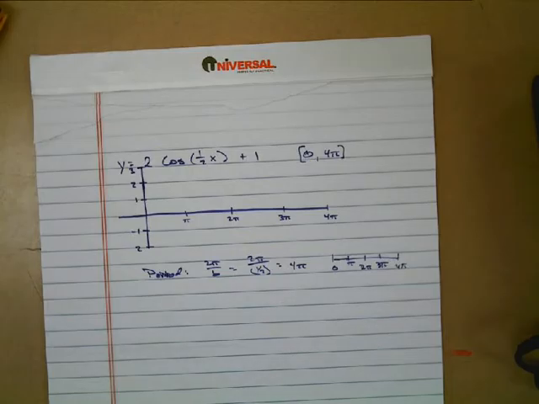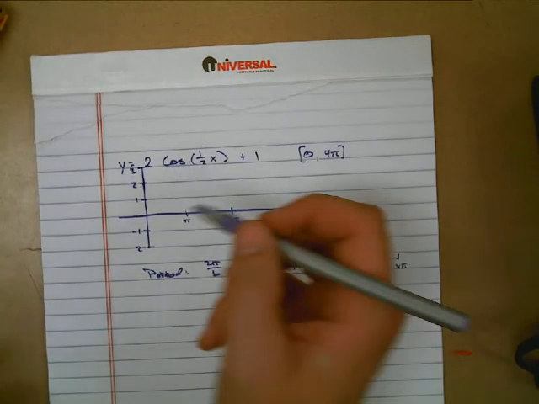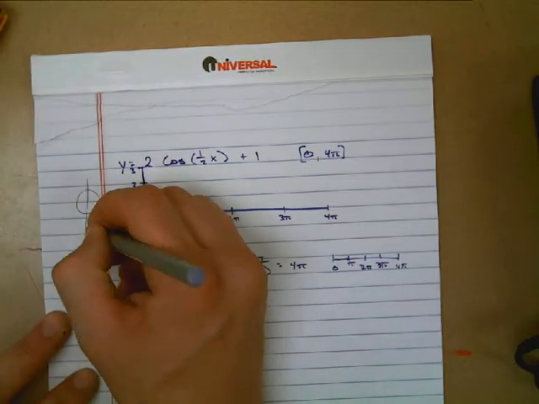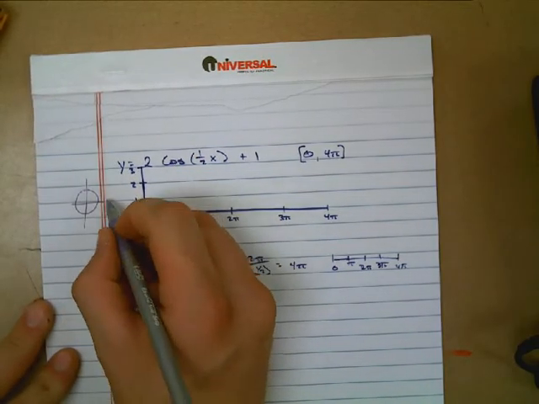This is the cosine function. So if you think of the cosine function, in the purple pen, the cosine function starts at 1, then goes to 0, -1, and back to 0. And that's at the quarters of a rotation. Well, that translates to the quarters of a period. So the cosine function will start at 1, then go to 0, -1, 0, and then back to 1.